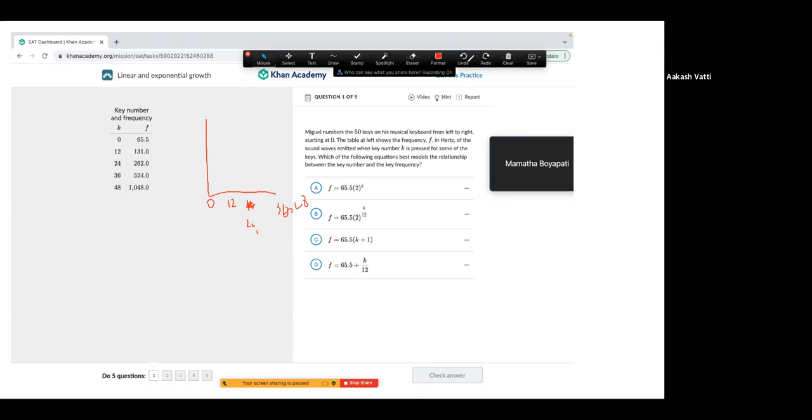I'm just going to undo this all. All right, so 12, 24, 36, 48. So you have that. So the graph is not just a straight line.